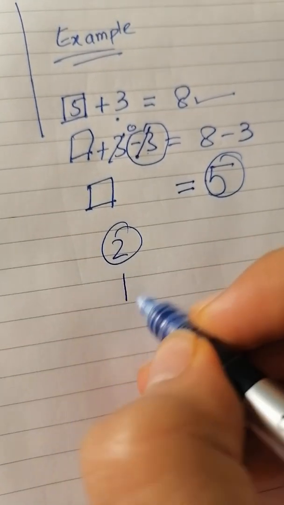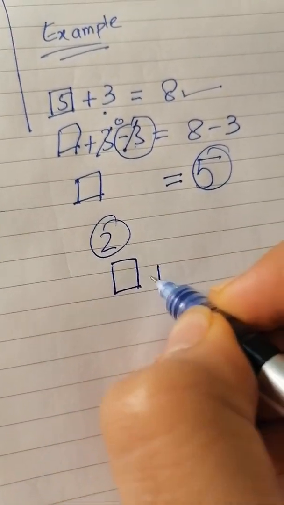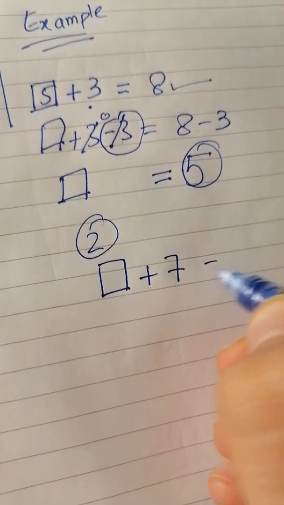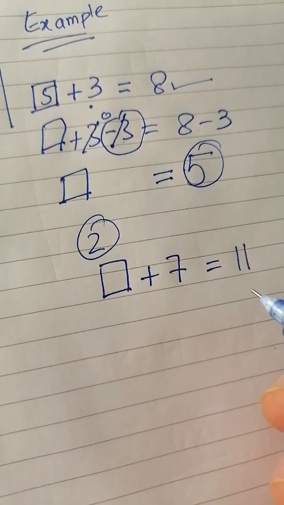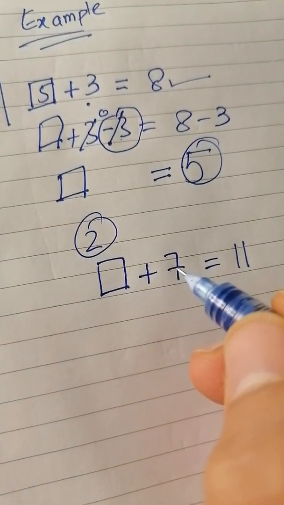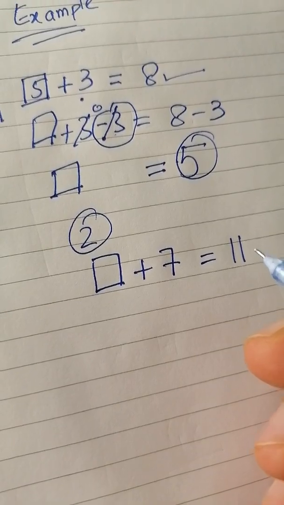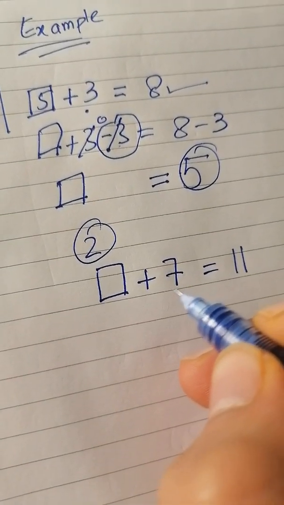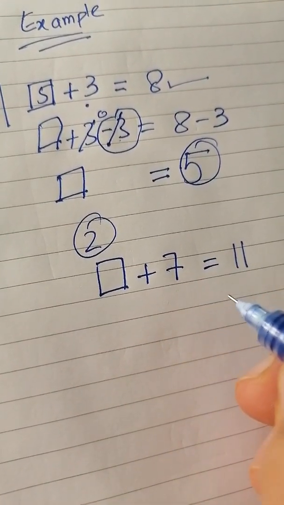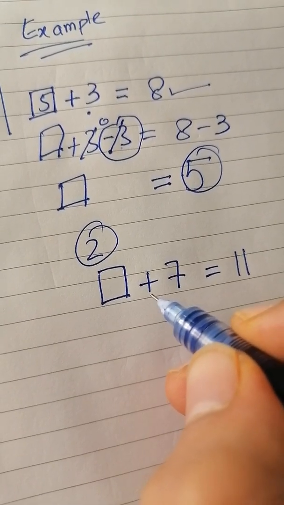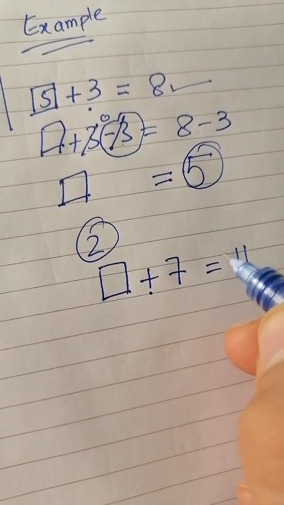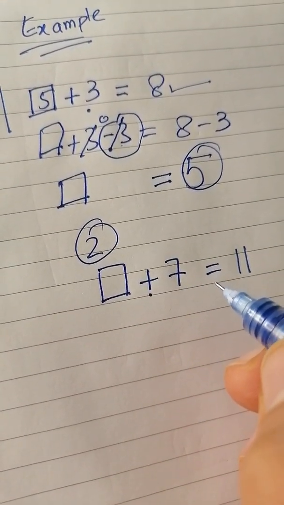For example, we have a square plus 7 which is equal to 11. Now I don't know what I should add with 7 to get 11. So just push this 7 to the other side of the equal. On the left side it is plus. When it goes to the right side it will become minus 7.